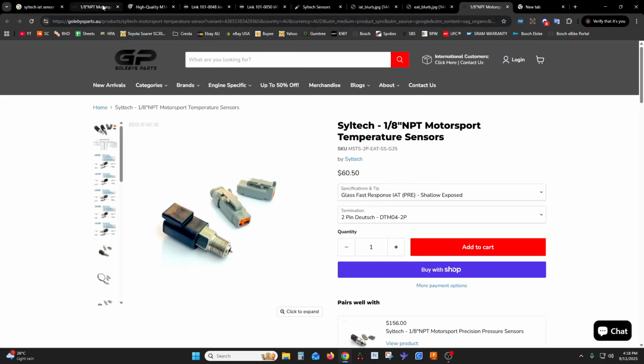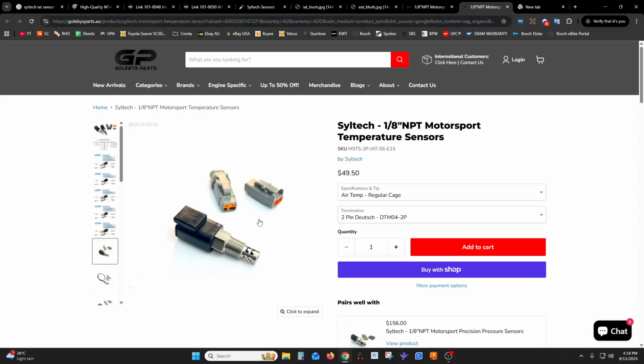Okay, so SYLTECH, before these came out, on the 1JZ I had an aftermarket idle air control valve, and it was made by SYLTECH, this brand here. And they had just released this range of sensors, and I had a look. My mate said, why don't you check out the SYLTECH sensors?